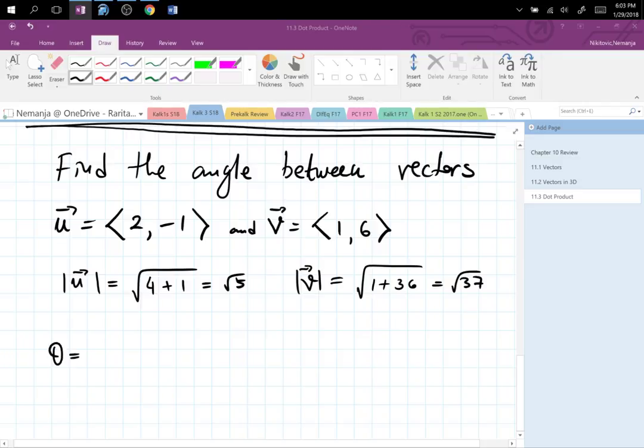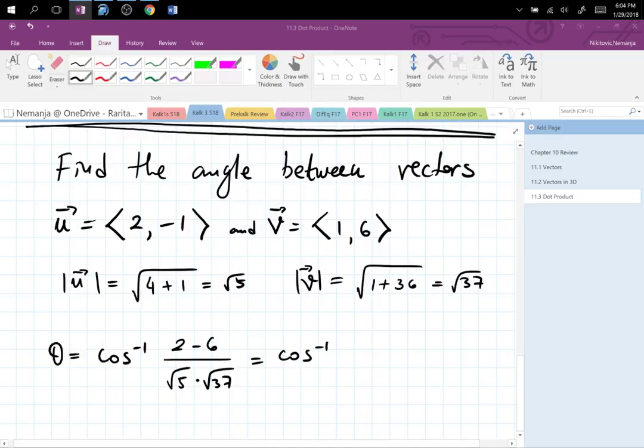So theta is the inverse cosine of the dot product. The dot product is 2 minus 6, divided by square root of 5 times square root of 37.